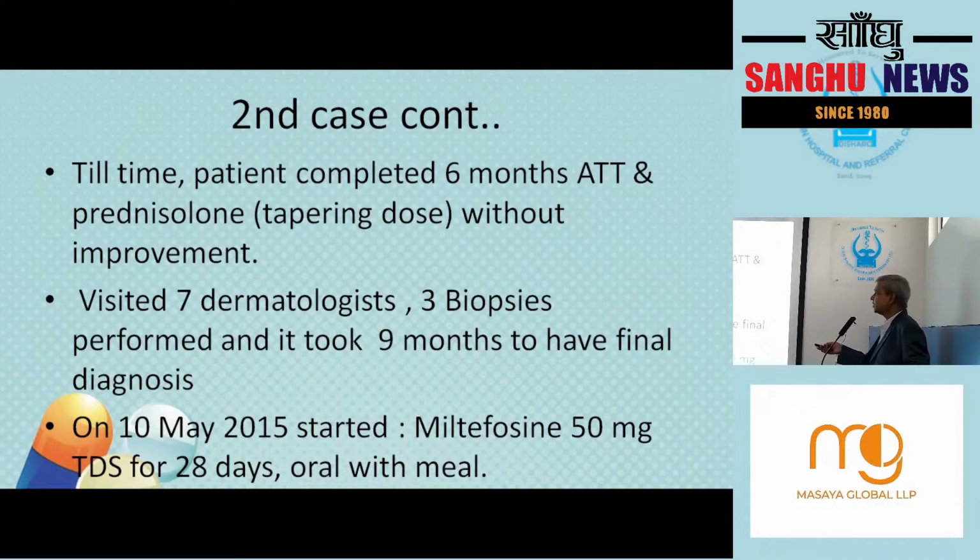So we can see that the patient visited 7 dermatologists. 3 biopsies were performed. It took 9 months to have the final diagnosis, and the patient was referred to TECU.